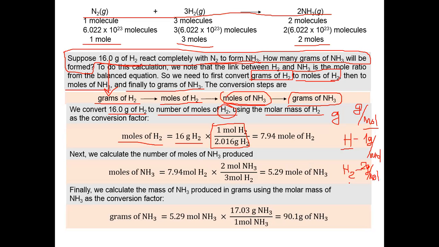To find the number of moles, if we know the grams of hydrogen, we just need to divide grams by molar mass.